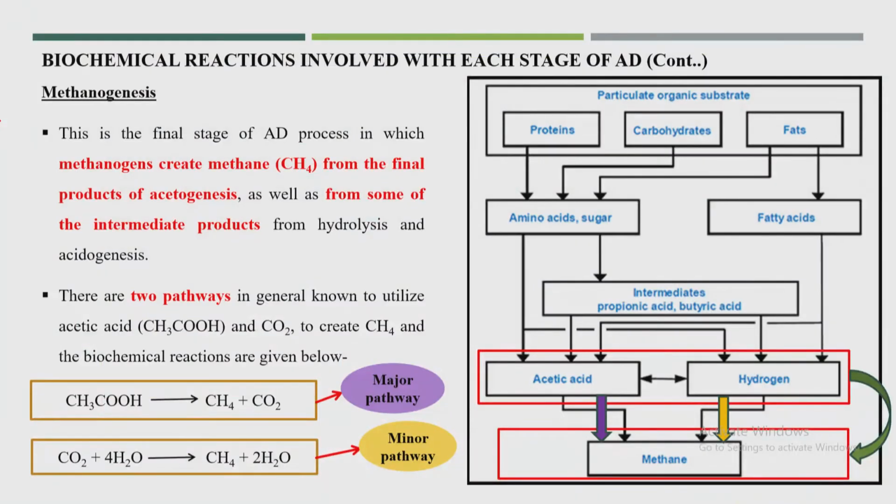And there is another way by which methane will be produced, that is this carbon dioxide can react with water and will produce methane, but I think we did not find much literature that this pathway is possible, but the major pathway is this way, where acetic acid is degrading and converting into methane and carbon dioxide.